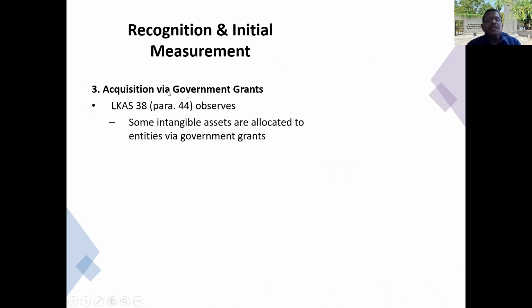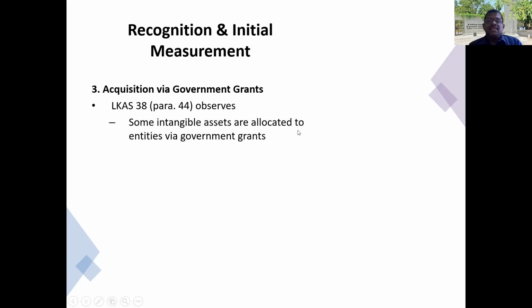Then recognition of acquisition via government grants. Of course, the government will give us certain facilities, certain intangibles, for us to develop the business, with the expectation of getting total benefits to the country and the people in the country. So acquisitions via government grants we can also talk about under intangibles.